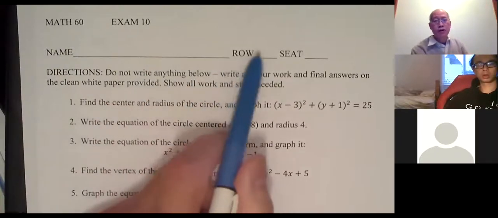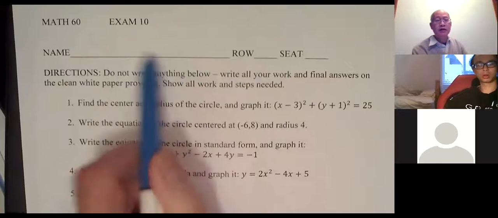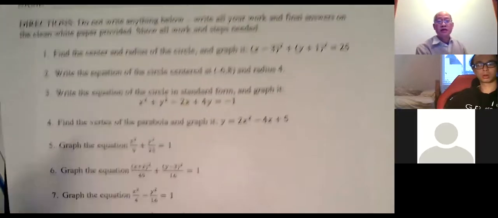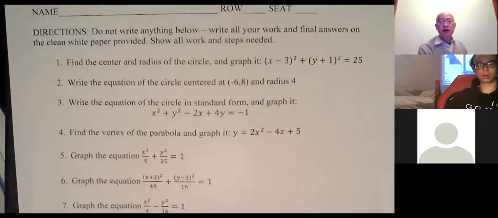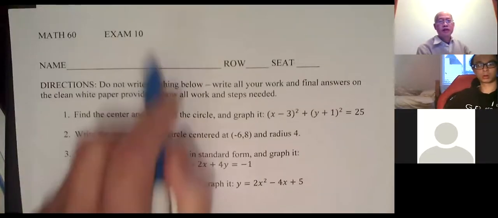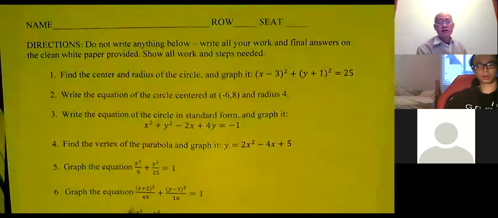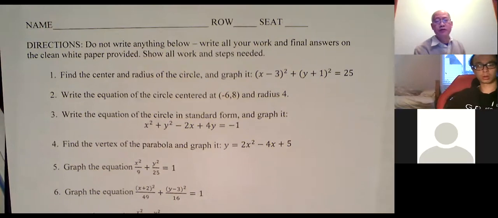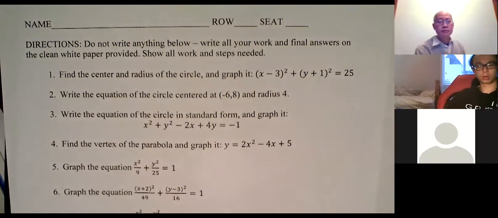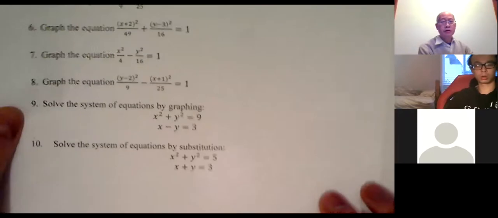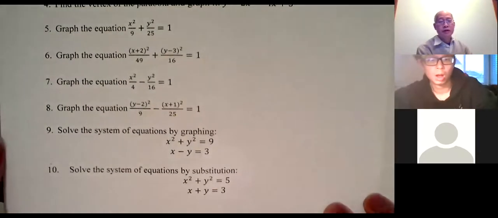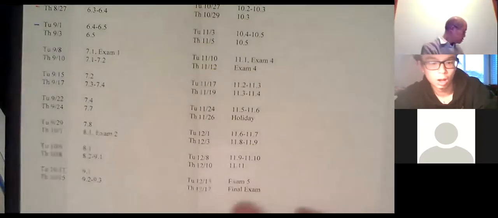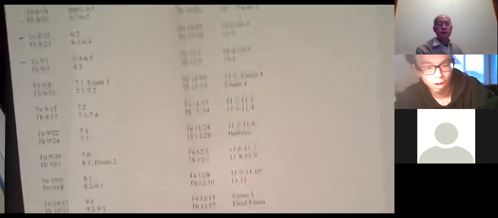I want to know where you're sitting, what row, what seat, but that doesn't apply now. See, this test has 10 questions, I suppose, so you might have to split it into 2. You don't really have to take a picture of that or that. So maybe I'll just go like that. I'll say, okay, everybody get your cell phones out now. I'll give you 15 seconds, take a picture of this. Then I'll scroll down and give you another 15 seconds to take a picture of that. And then you got it, and that's it. That's how I would show you the test.